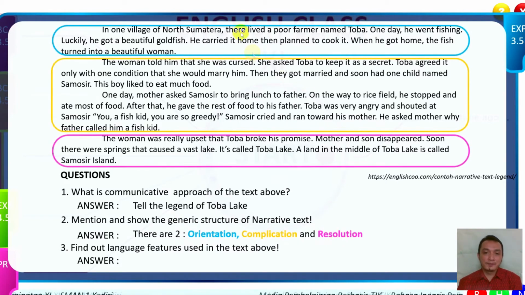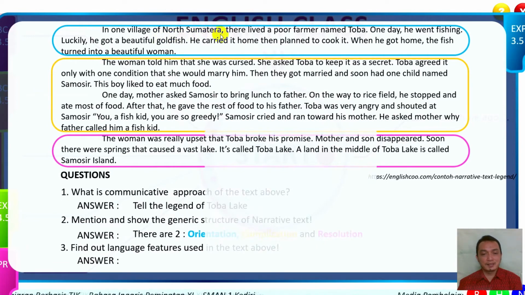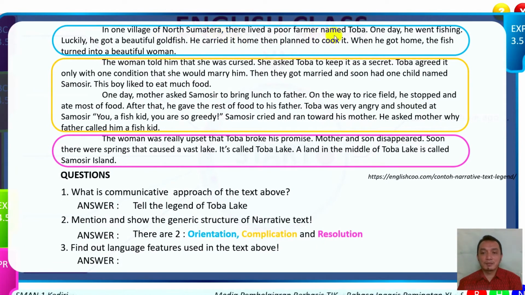Okay, so the first paragraph here is called the orientation because it introduces the place. It is in Sumatra, and then a farmer named Toba, this is the actor, and this is the daily activity that he does, and this is the place where and when it is happening.